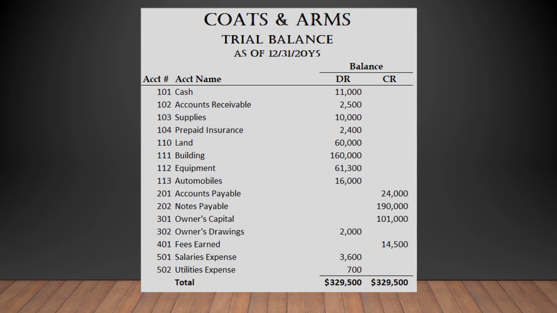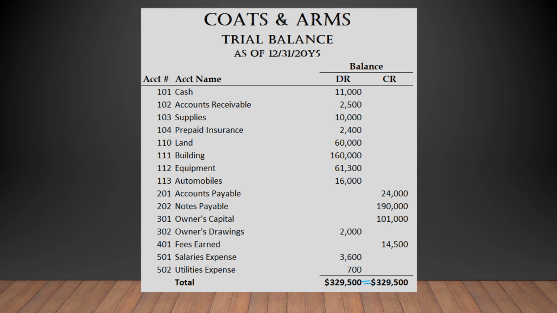In practice, you'll probably see those balances presented in a trial balance, similar to the one on screen. A trial balance lists all the accounts with their respective debit or credit balances. Again, because each journal entry contained equal sums of debits and credits, the debits and credits of the trial balance must always equal each other.